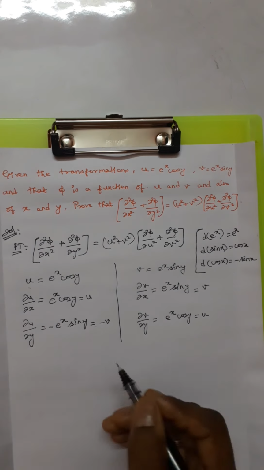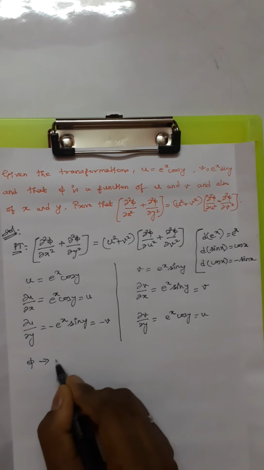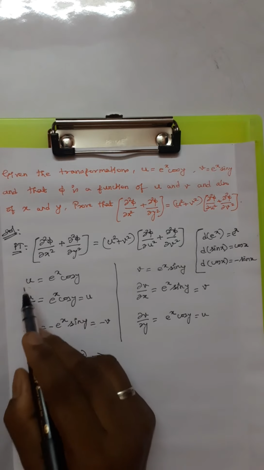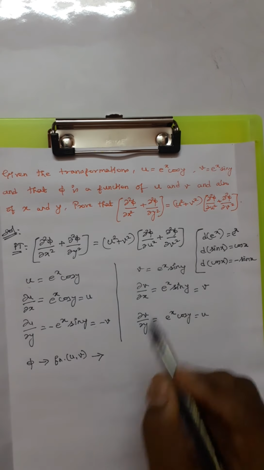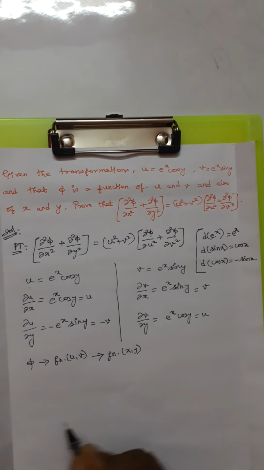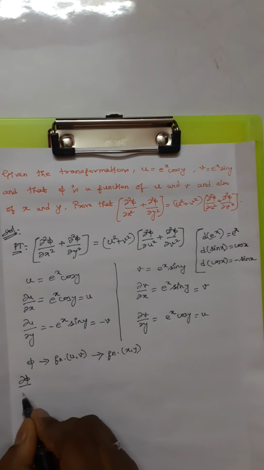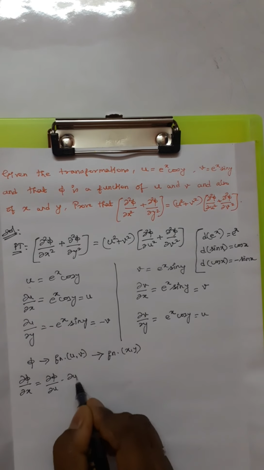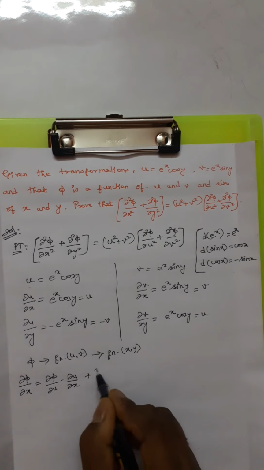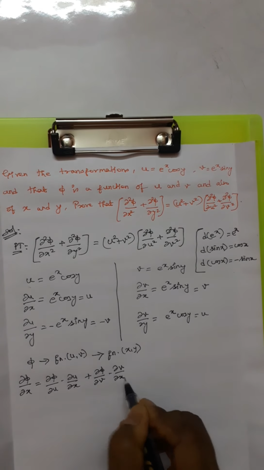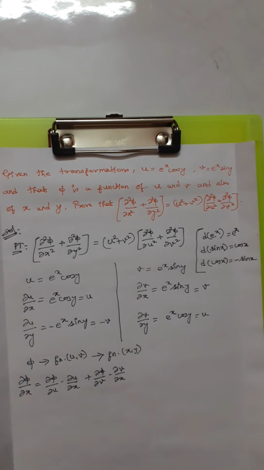Phi is a function in terms of u and v, where u and v are functions in terms of x and y, right? So how can we write dou phi by dou x? dou phi by dou x is dou phi by dou u into dou u by dou x plus dou phi by dou v into dou v by dou x. We can split and write it like this, isn't it?